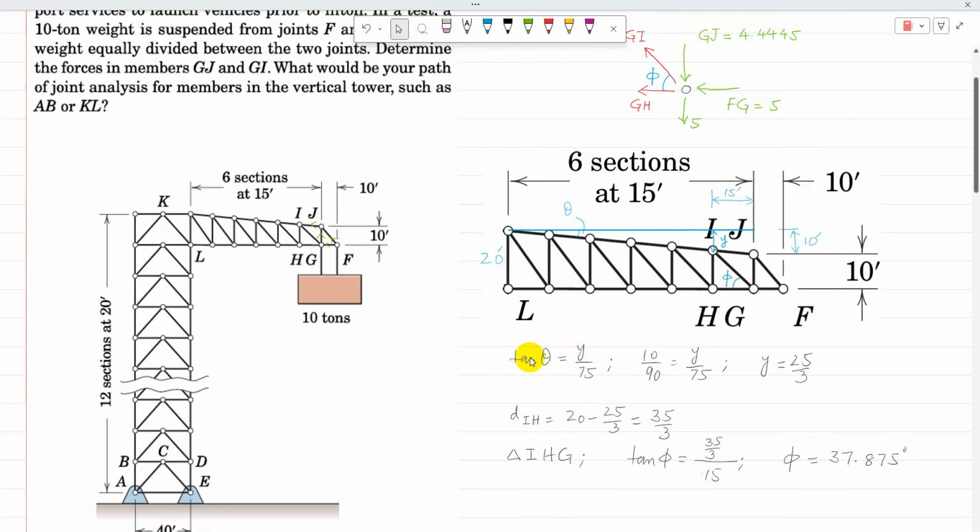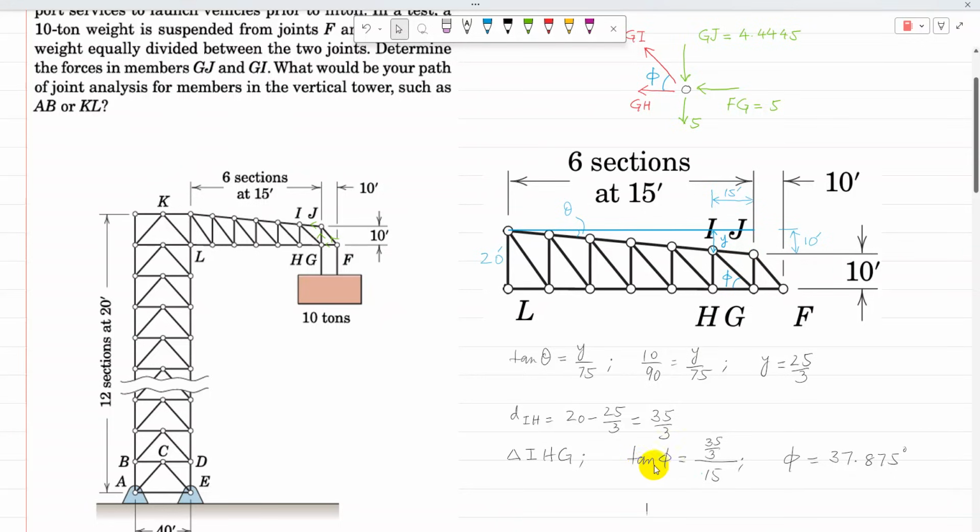So tan theta, previously calculated, is 10 over 90. So y can be estimated as 25 over 3. So now DIH is equal to 20 minus y, which is 25 over 3. So DIH is 35 over 3. So now in the triangle IHG, HG is already known as 15 and IH is 35 over 3.